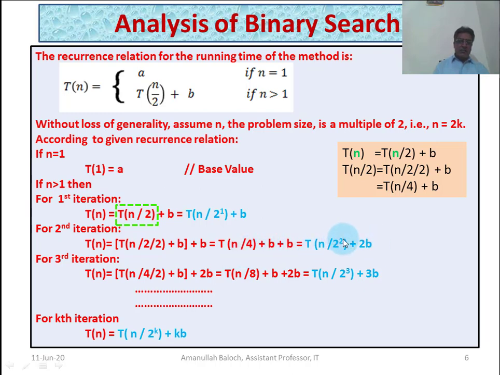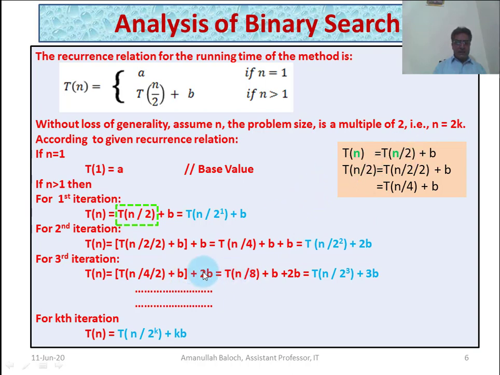This is the pattern of this second iteration, and in the third iteration we find the value of T of n divided by 4. Now we will put here, in place of the green color n, n divided by 4. Here I will put n divided by 4, and it will become n divided by 8 because 2 is already here.